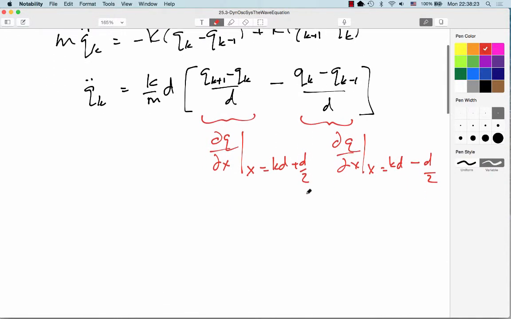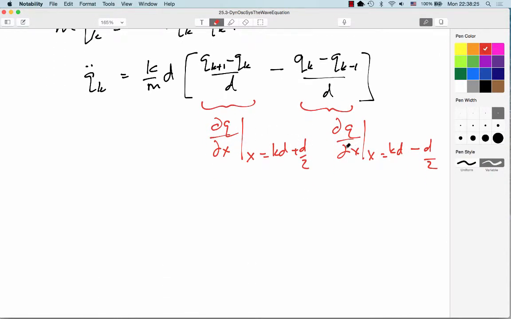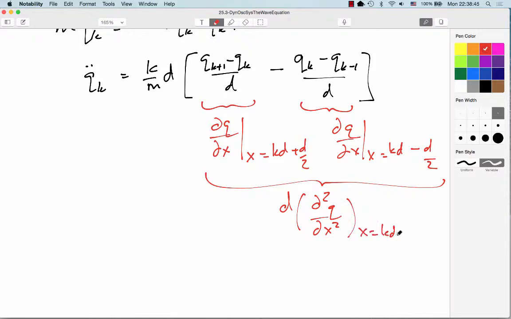So the difference of those two I can interpret as d times the second partial derivative, partial squared q over partial x squared, evaluated at x equals kd. Okay.